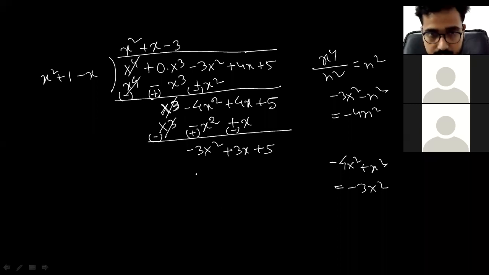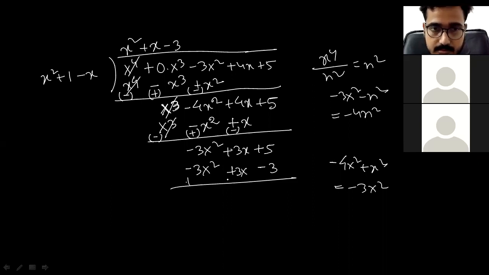So when you divide, it will be minus 3x square, then minus 3 into 1, so it will be minus 3, then minus 3 into x, so it will be minus 3x. Now when you subtract, it will be plus, it will be minus, it will be plus. So plus and minus will get cancelled, and this will also get cancelled.